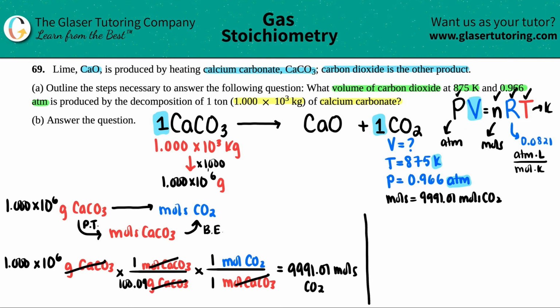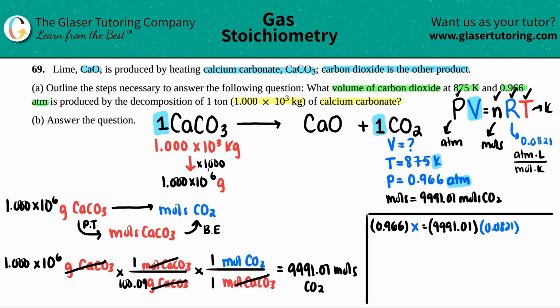So what I'm going to do is I'm just going to make a little chart here. Beauty. Go from left to right, PV equals nRT. The pressure was 0.966 times by X, or V, or whatever you want to call it. We're solving for the V, equals the moles which we just found, 9991.01 times by the R value, 0.0821 times by the T value, which is 875.